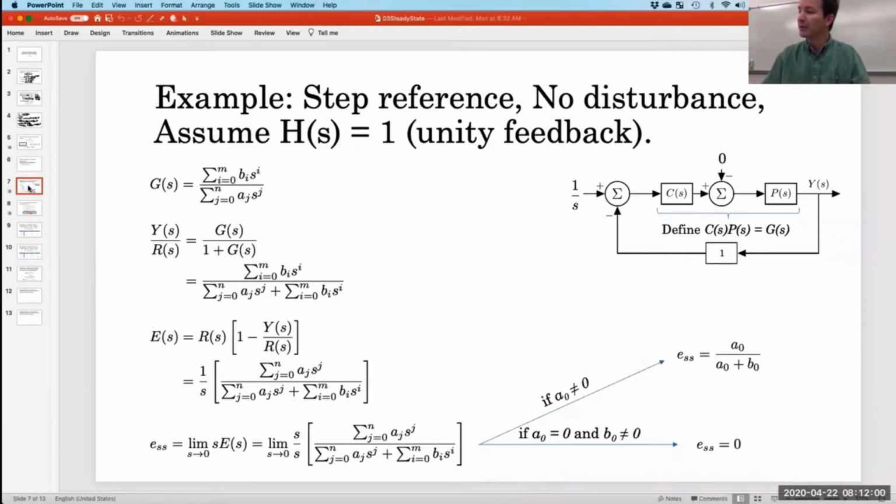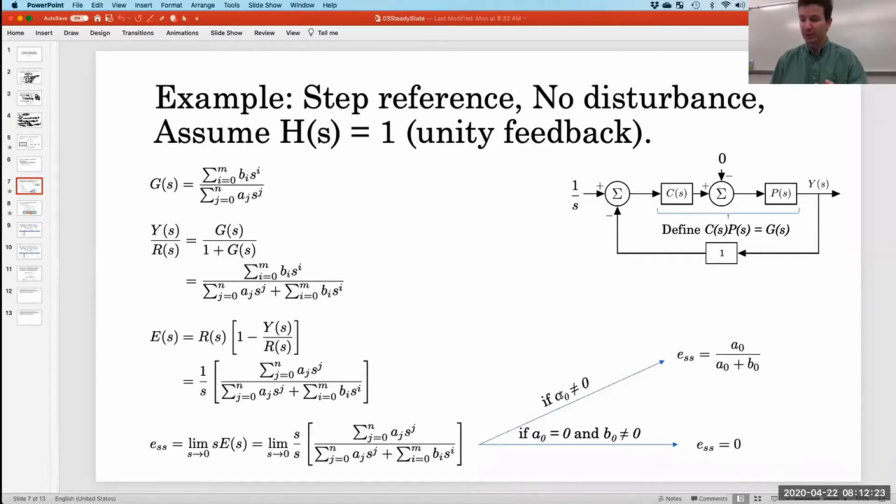Okay, so we assumed unity feedback, we assumed the disturbance was 0, and we assumed the reference was a unit step. And based on those assumptions, we kind of narrowed it down to two cases. The lowest order coefficient in the denominator polynomial of your forward path transfer function could either be 0 or non-zero.